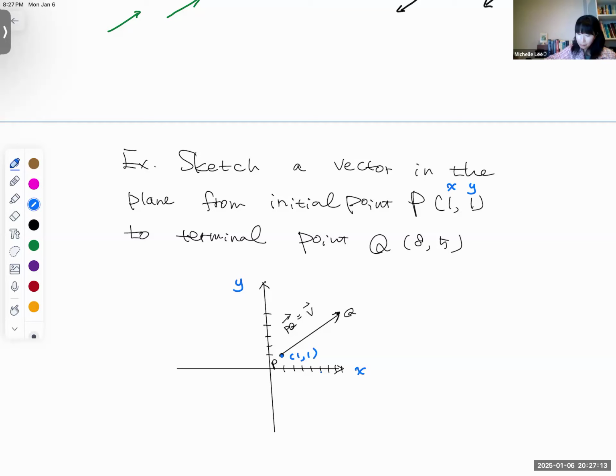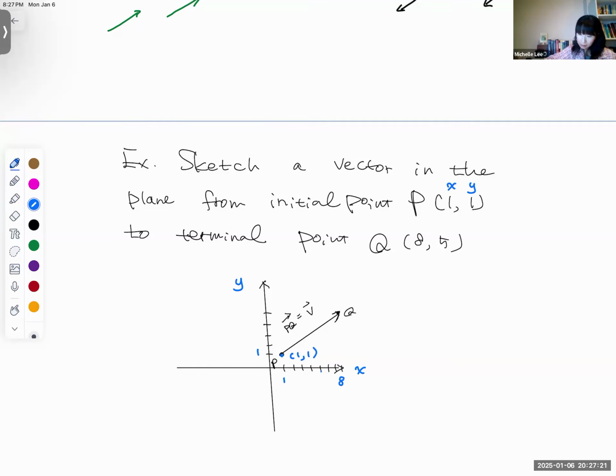So 1, 2, 3, 4, 5, 6, 7, 8. This is 8, and this is 5. So Q is here. Initial point P, terminal point Q. We plot the points, connect them, and then make an arrow. Then we have line segment PQ, right?